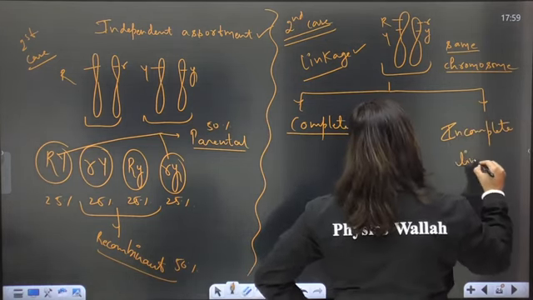In complete linkage, there is close association between the two genes. They are present very close to each other, and there is no chance that they will be away from each other. They love each other so much that they will always be together. So there will be no formation of recombinants. If the linkage is complete, then there would be only 100% parental.